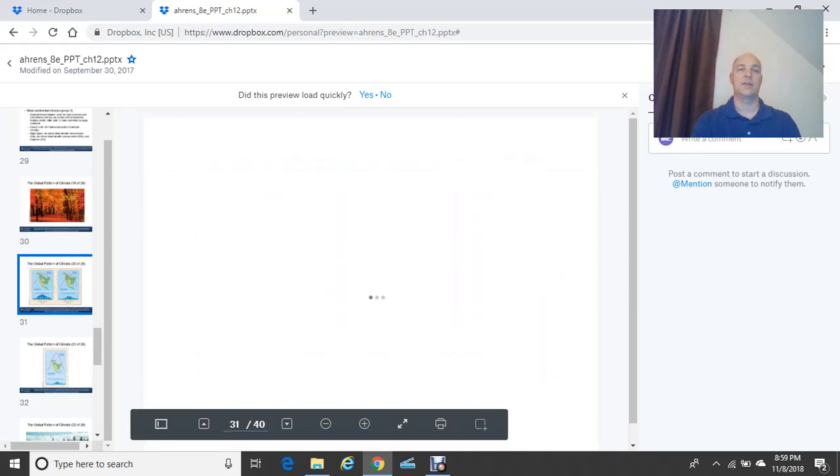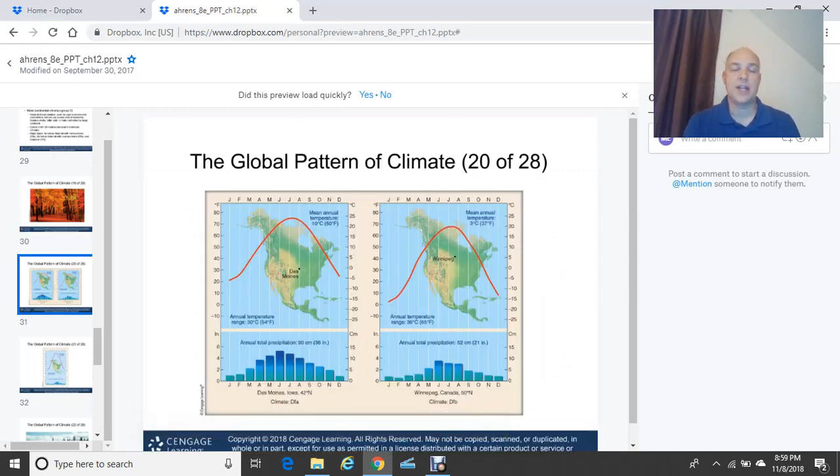Okay. Let's compare a couple cities that are in this particular Group D climate, the moist continental climates. We can compare Des Moines, Iowa on the left to Winnipeg, Canada on the right. The red lines indicate the temperature ranges throughout the year, January to December. Notice the sharper curve for Winnipeg, Canada.